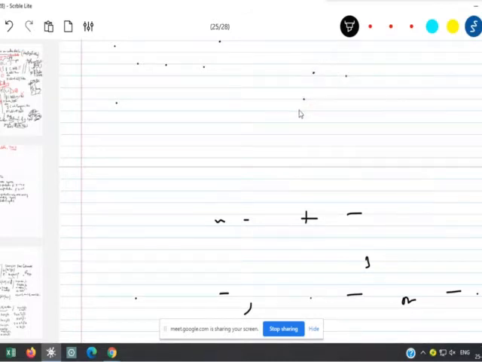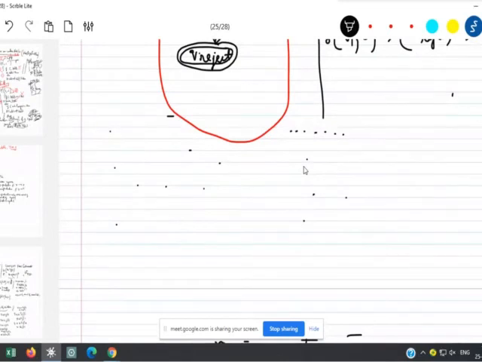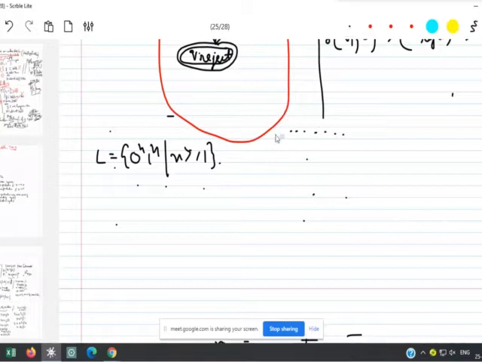So today we are going to design a Turing machine which is going to accept the language 0 to the power n, 1 to the power n.